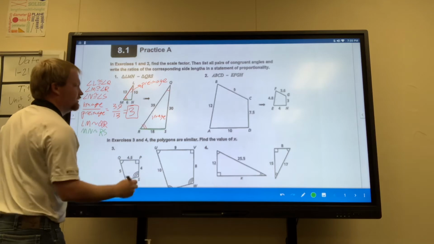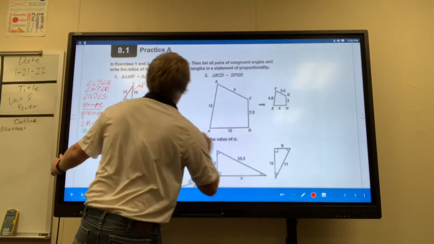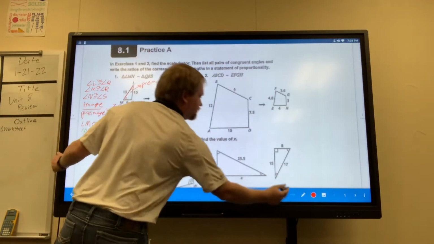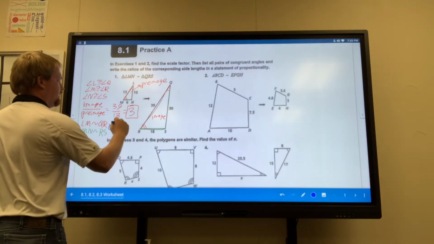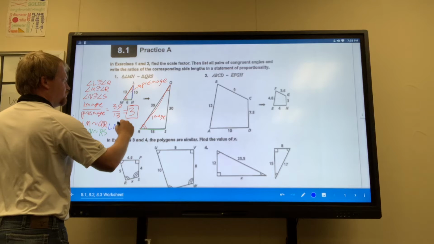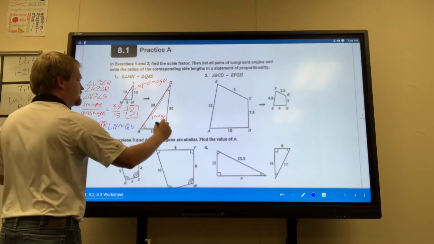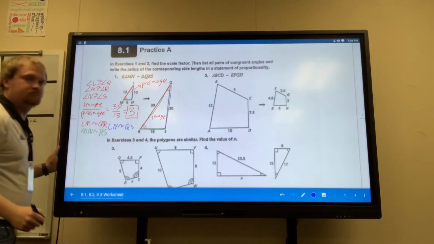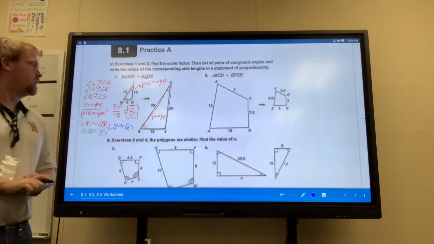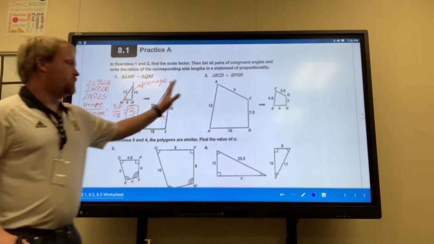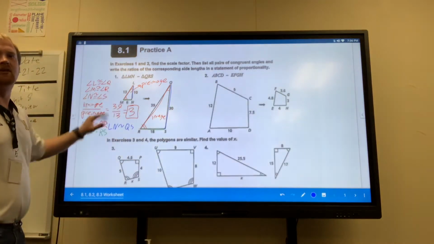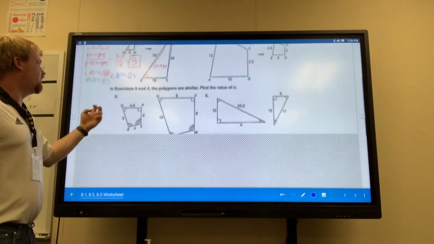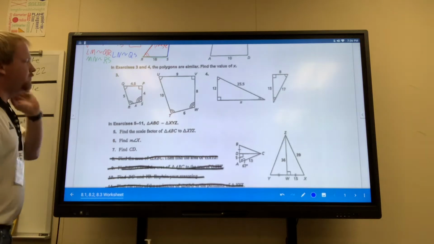And then LN right here is going to be similar to QS. All right, so this is what you're going to do for number 2. You've got to figure out these things right here. Next, we're going to go to number 3.